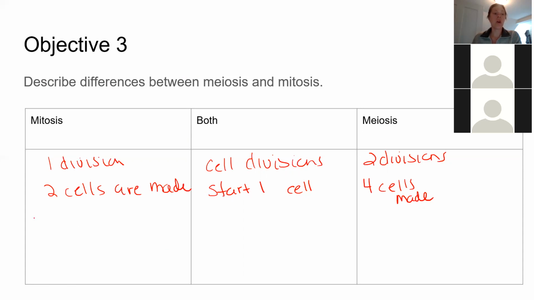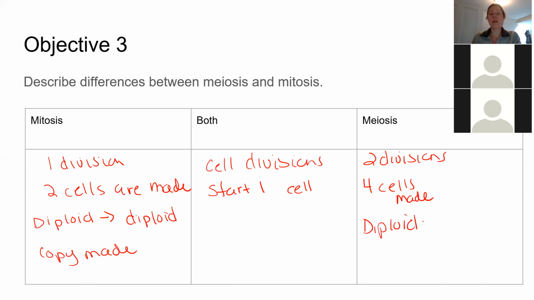The cells go from being diploid and they stay diploid in mitosis because we're making a copy. So it's identical. But in meiosis, we go from being diploid to haploid because we're making sex cells.